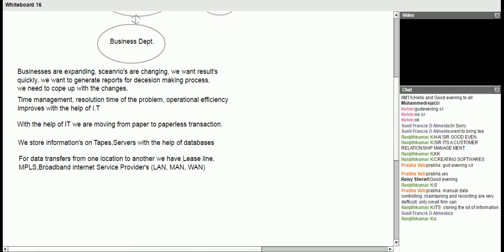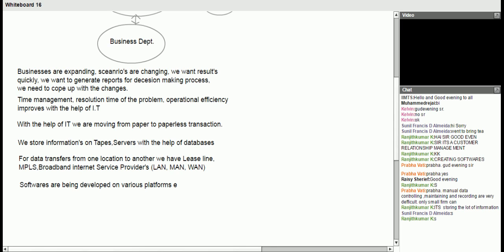Then software is being developed on various platforms.